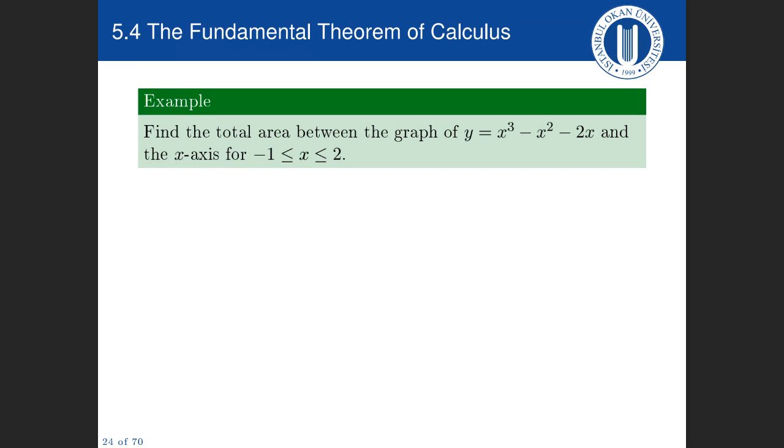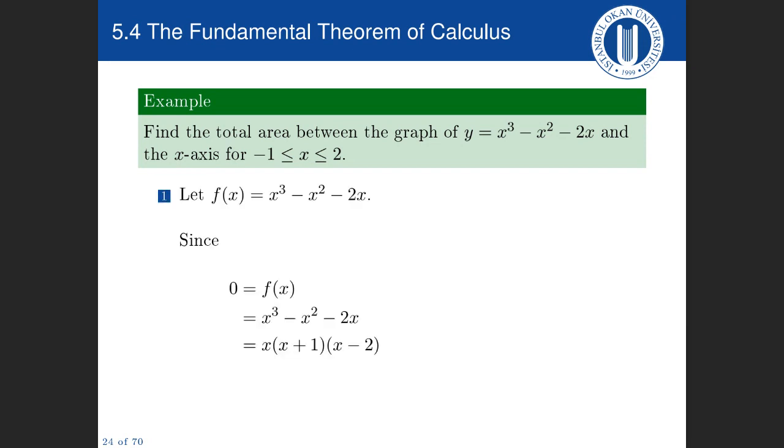For example, find the total area between the graph of y is equal to x cubed minus x squared minus 2x and the x-axis for x between minus 1 and 2. First thing to do is to find the points where the function is equal to 0.